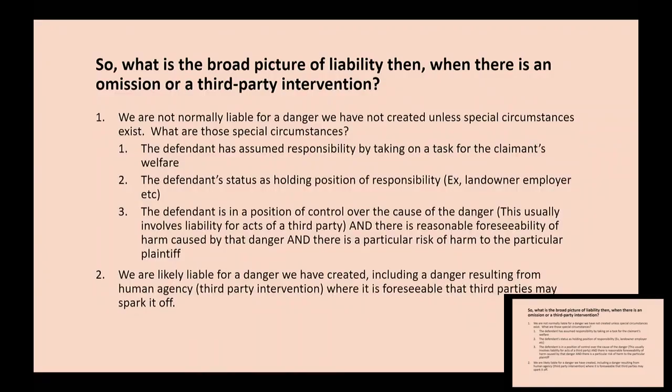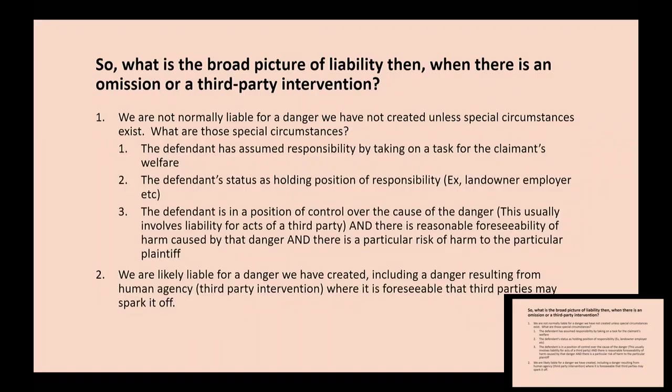And the third special circumstance is when the defendant is in a position of control over the cause of the danger. Now, this usually involves liability for acts of a third party, but it's not necessarily limited to that. And there is reasonable foreseeability of harm caused by that danger, and there is a particular risk of harm to the particular plaintiff.